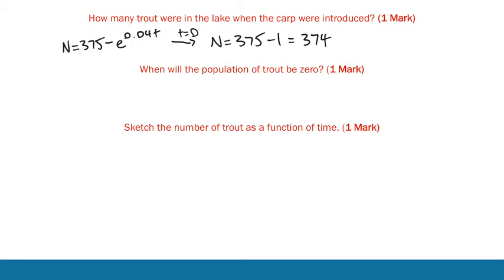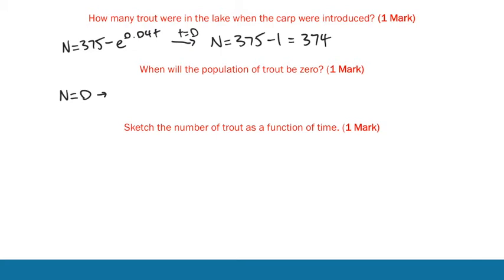The next part of the question is asking when the population of trout will be 0. This is now the other way around. We're substituting n equals 0 this time. So we go n equals 0, and this is very similar to the question that we got last time in terms of how we're going to solve it. We're going to have to apply a logarithm.